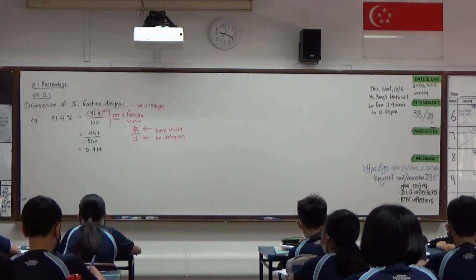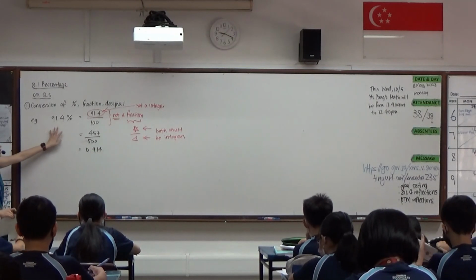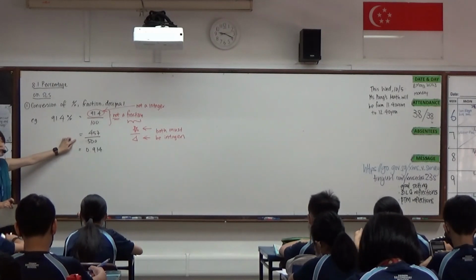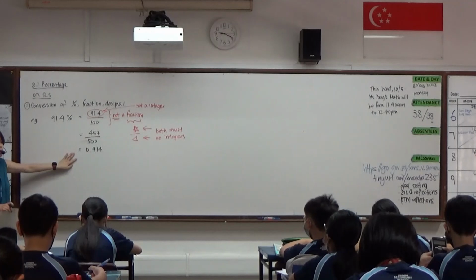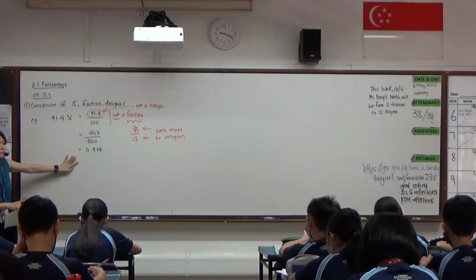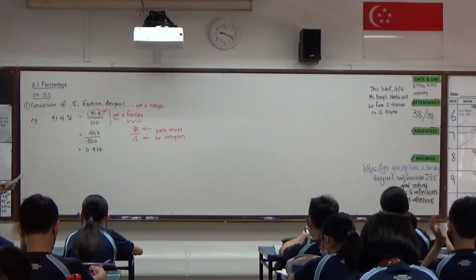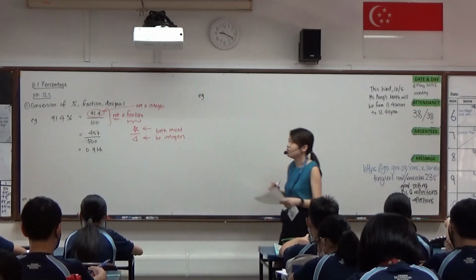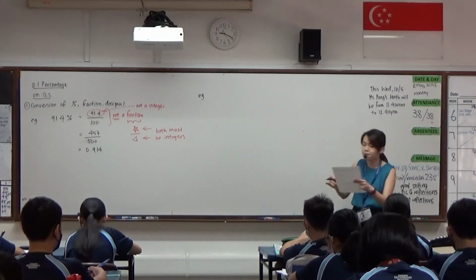So I want you to try using your calculator, making sure that you know how to use it, and you can get 457 over 500 and 0.914. Then, that is for percentage conversion into fraction and decimal.